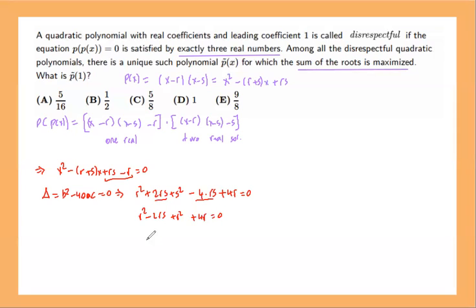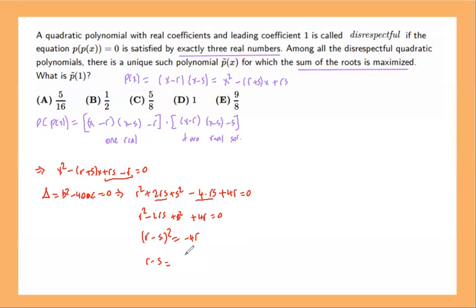This is equal to r minus s squared, and I can move the 4r to the other side, so it equals minus 4r. It is a bit challenging looking, but maybe I can take the square root, so r minus s is going to be the square root of this.